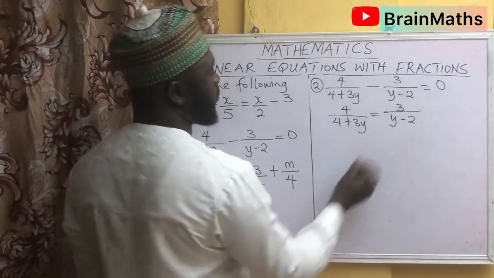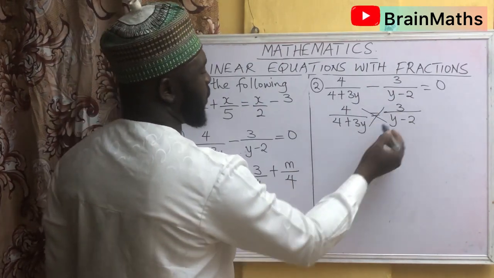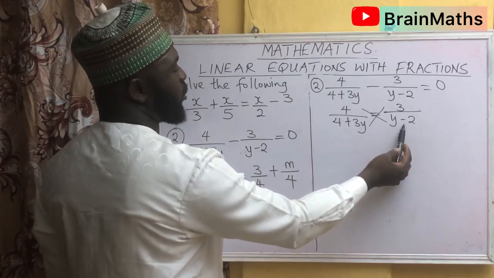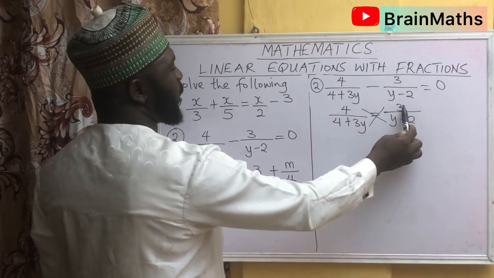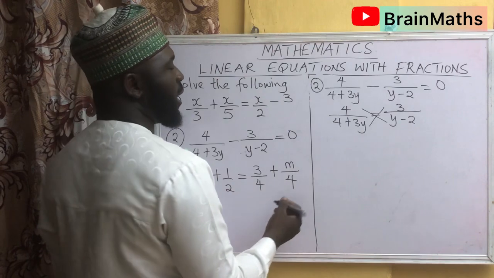3 divided by y minus 2. So now we can cross multiply, use the numerator on the left hand side to multiply the denominator on the right hand side, and use the numerator on the right hand side to multiply the denominator on the left hand side.